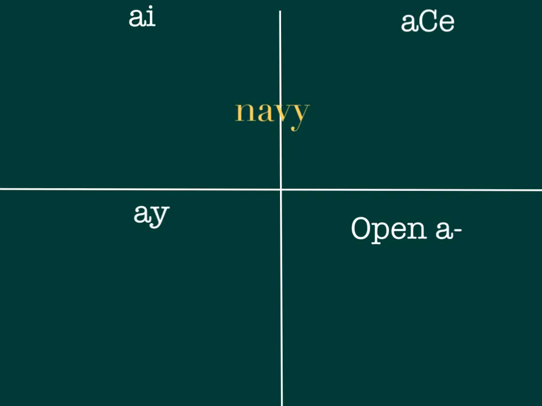In the word navy, I hear the long A at the end of the first syllable, so I know this is an open A vowel pattern. Since I hear the long A in the first syllable, I know that the first syllable is the accented syllable. I'll sort navy in the open A category.